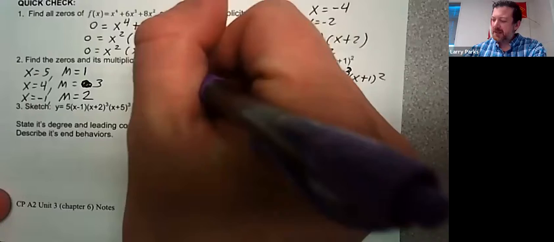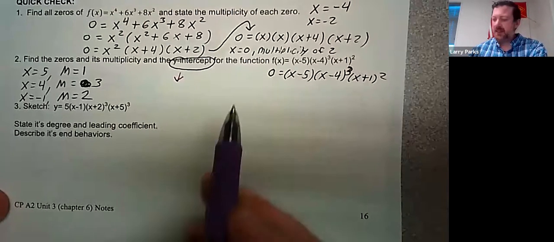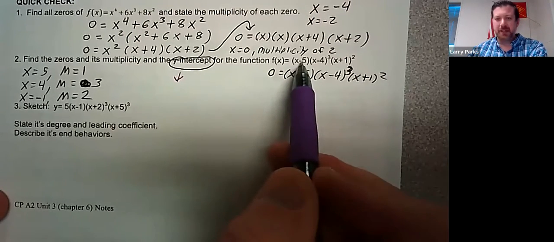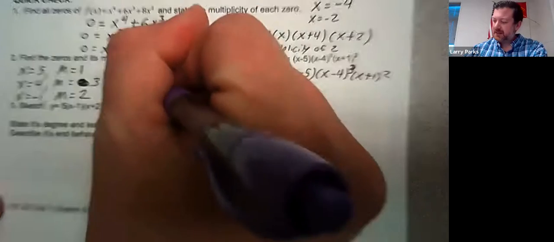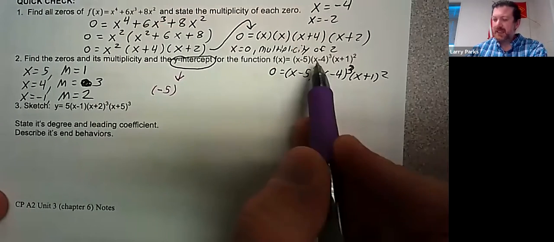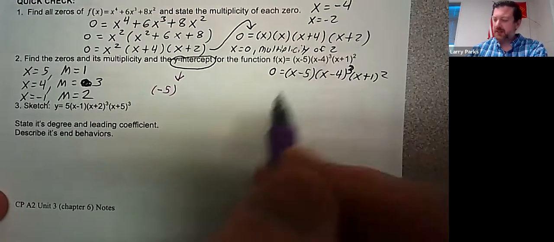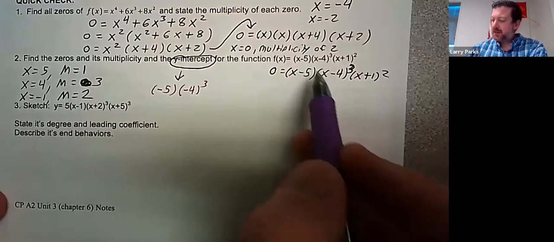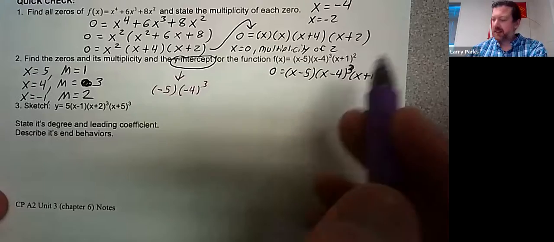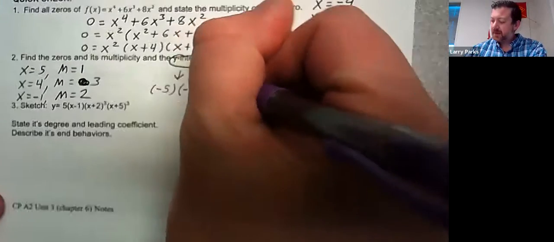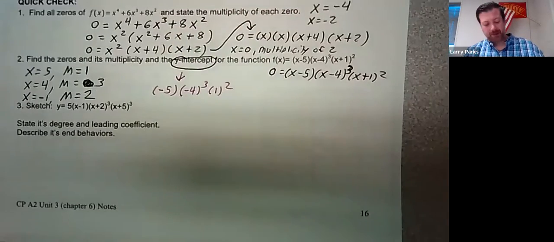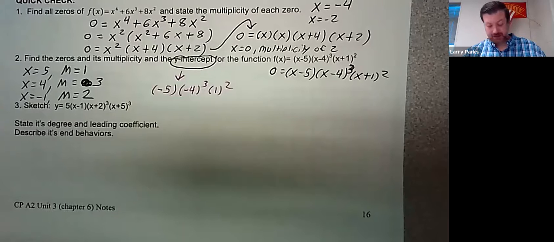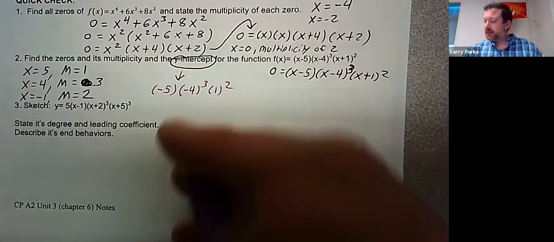So the y-intercept would be negative 5 times negative 4 to the third times 1 to the second. Let's see, I'm going to type that on my calculator. That's 320.